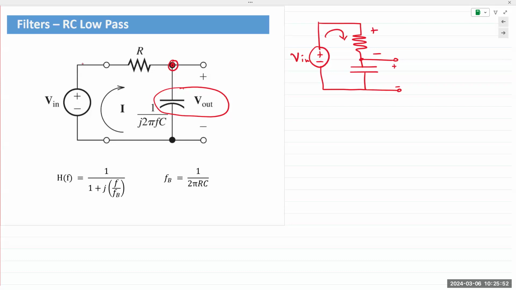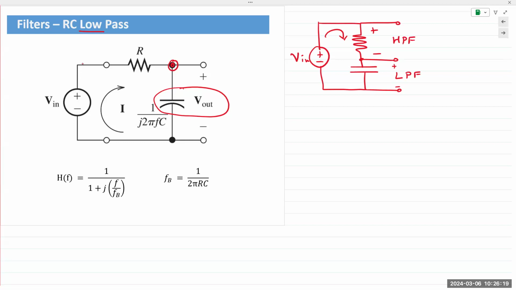Now, obviously, I have it in the title that this is a low pass filter. So if I take the output across the capacitor, it is the low pass filter. What I will tell you is that this is a series connection. And if you take the output across the resistor, it is a high pass filter. That's it.